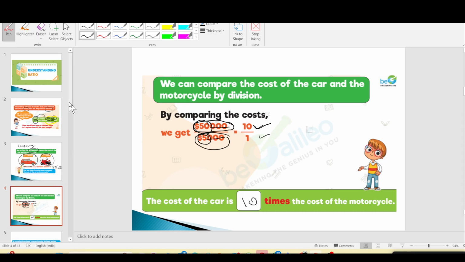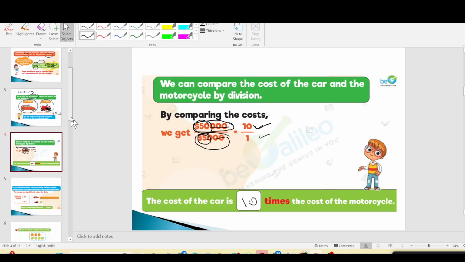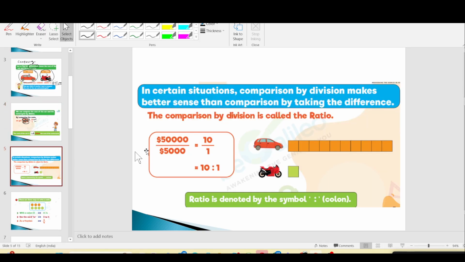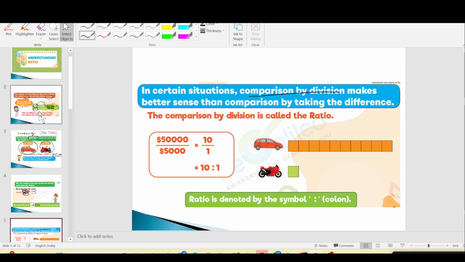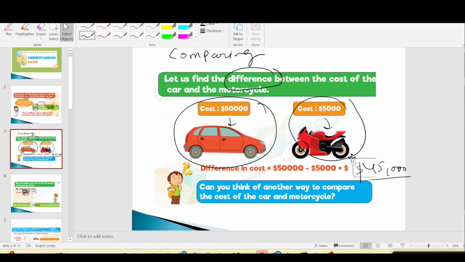So this same thing can be written as a ratio. So basically, in certain situations, comparison by division makes better sense than comparing by taking the difference. Like in the above example, when I was comparing them by subtracting, it was not making that much sense.